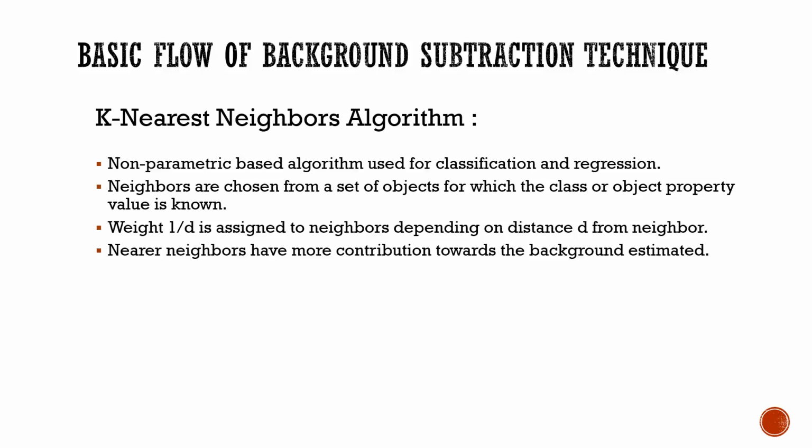The neighbors are chosen from a set of objects for which the class or object property value is known, and weights are assigned to the contribution of the neighbors using the distance of the pixel from the neighbor. Thus, the nearer neighbors will have more contribution towards the average compared to the distant ones.